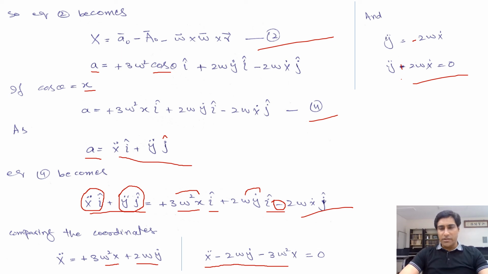Yeah, I checked the statement of the problem, so it is correct. Because this is the negative term, and when we take it to the left hand side it becomes positive, this is the equation that is demanded in the statement of the problem: y double dot plus 2 omega x dot equals 0.